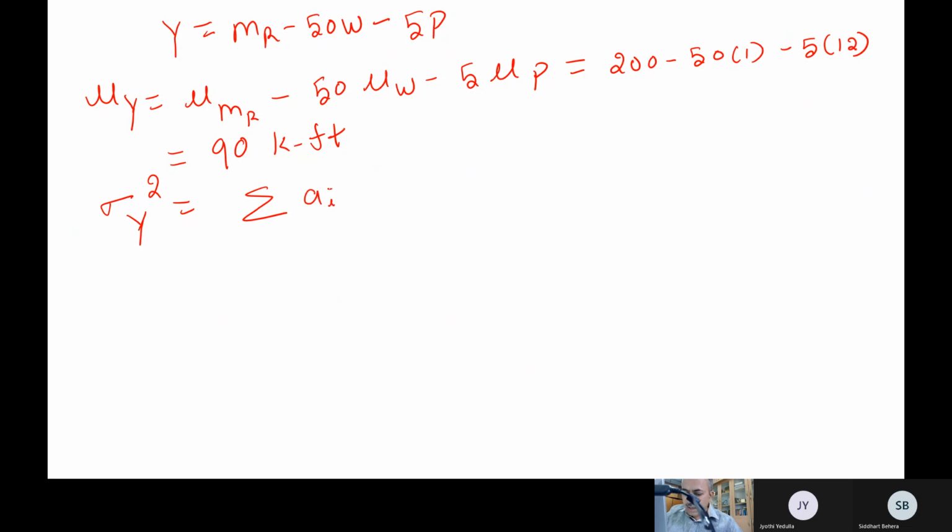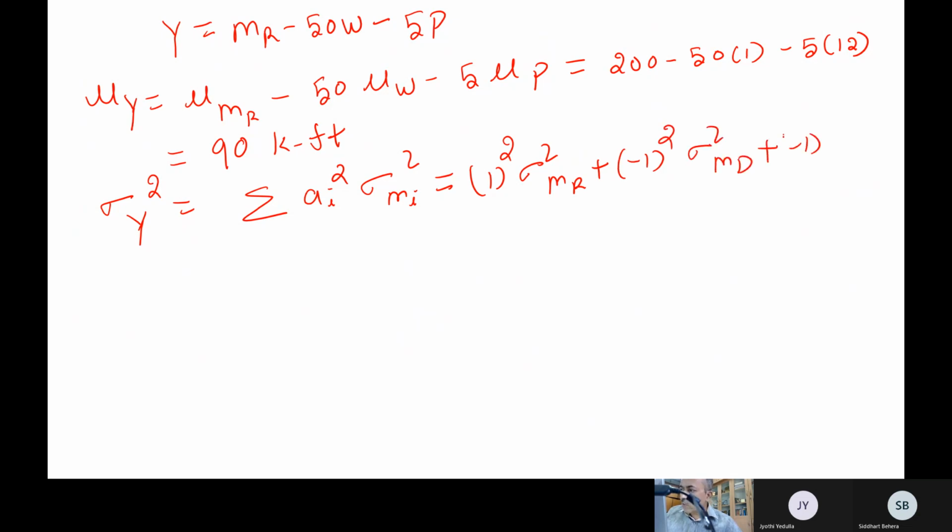So this turns out to be a i square sigma m i square. Substitute all those things: 1 square sigma square MR, and of course minus 1 is there here, so sigma square MD, plus minus 1 whole square, sigma square ML. So 24 square plus 50 times sigma W square plus 5 times sigma P whole square.